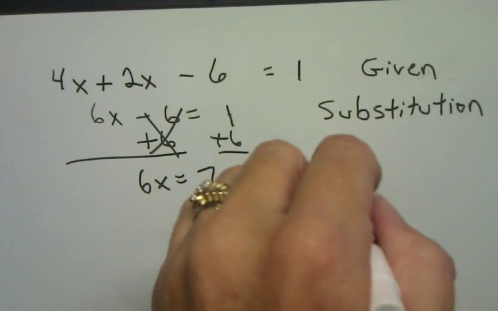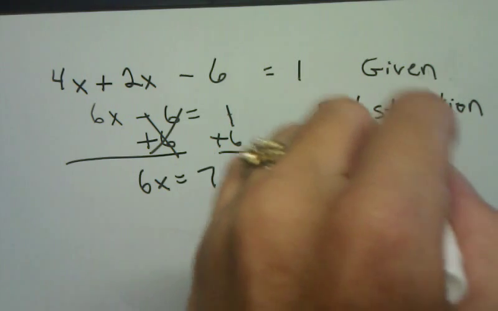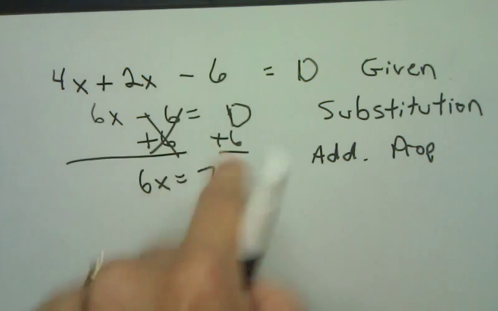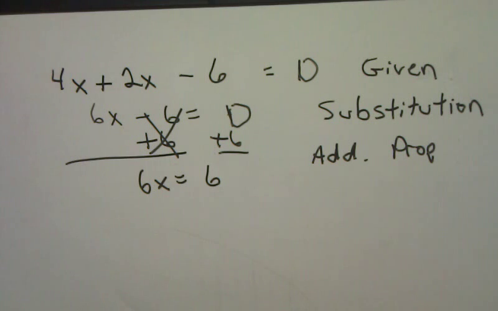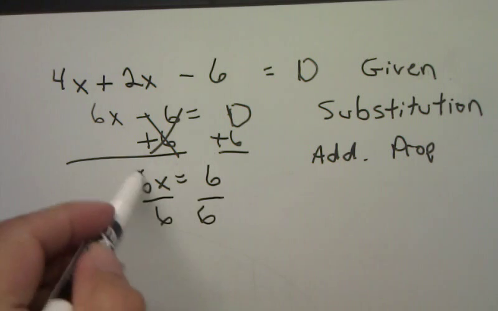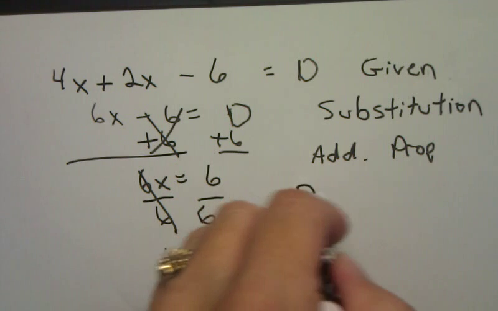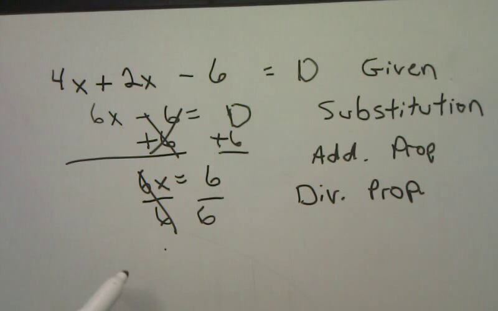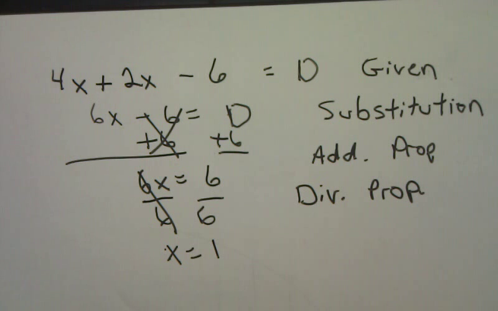This is addition property. Okay, this is a 0. That's why that doesn't make sense. That's a 0. Okay. Divide by 6. This is division property. Okay?